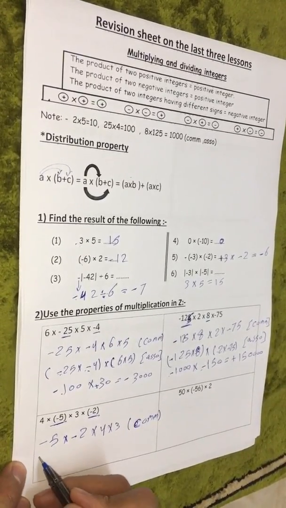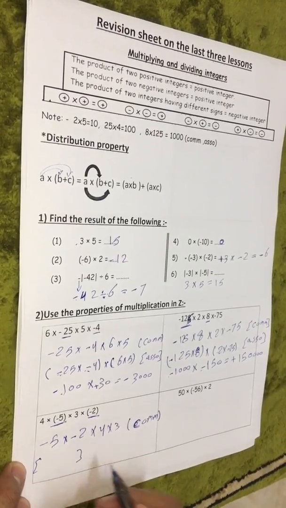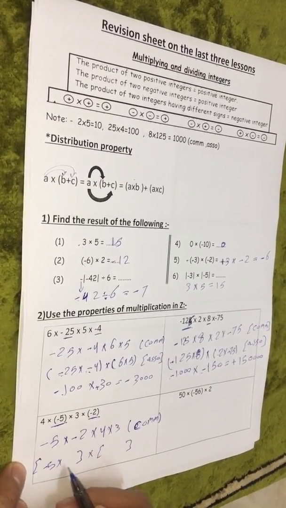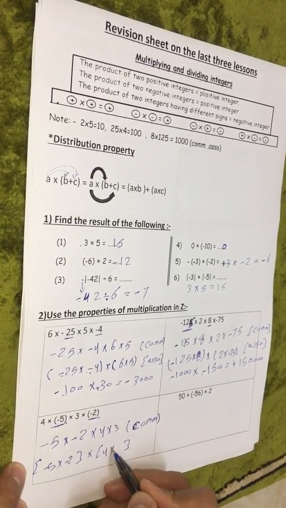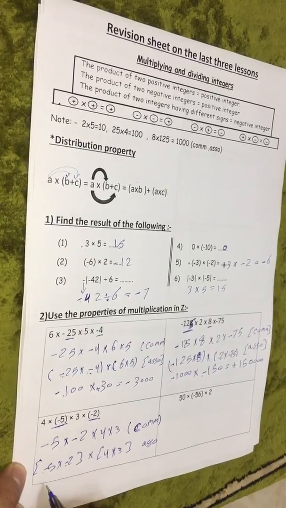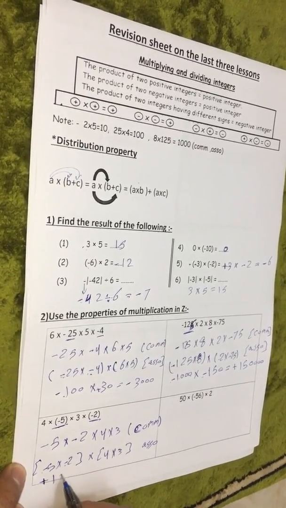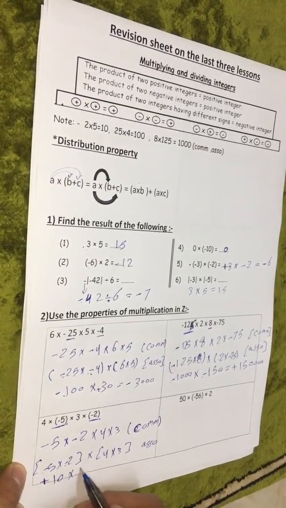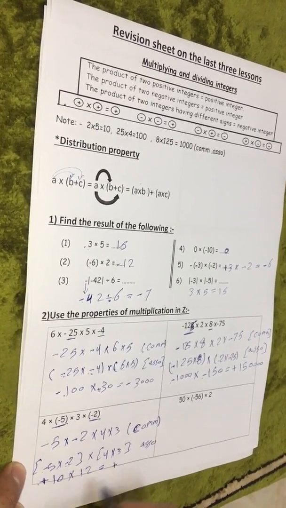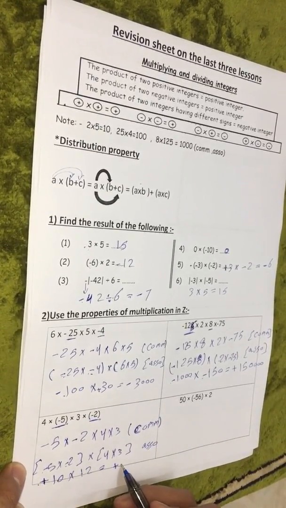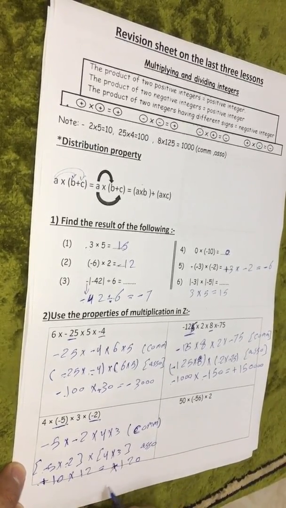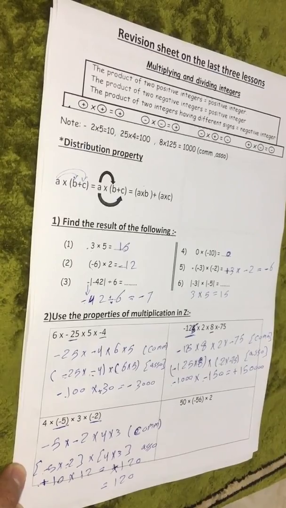Next, associative, open two brackets between them: negative 5 by negative 2, 4 by 3. Negative by negative equals positive, 2 by 5 equals 10, 3 by 4 equals 12. Now you can multiply positive by positive equals positive, 12 by 10 equals 120. You can remove this positive, no problem, just 120.